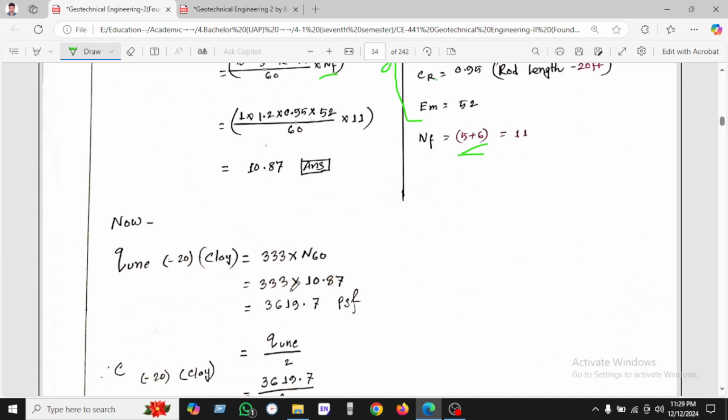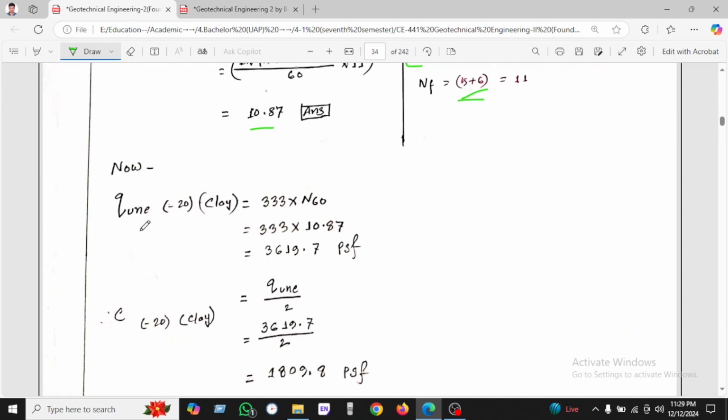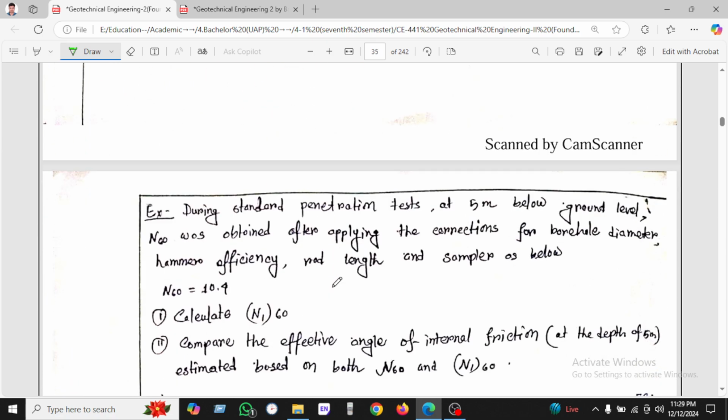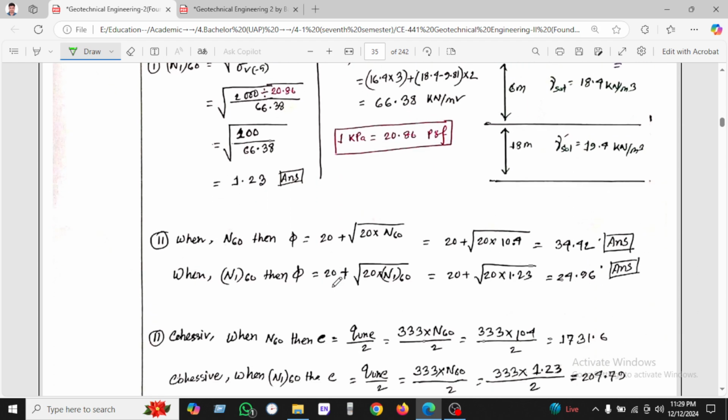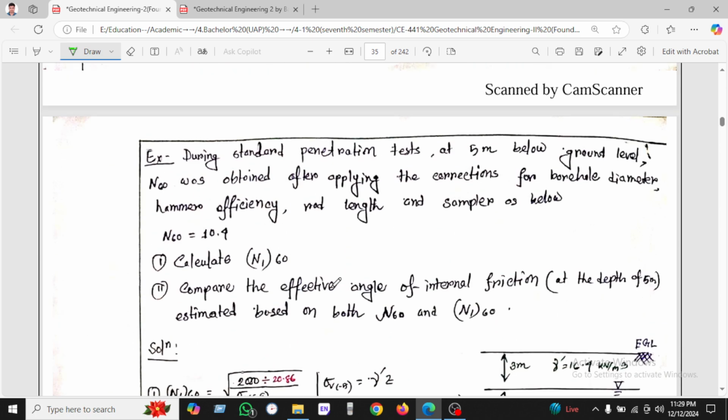That's why we will not consider it. Okay, in this way we found 10.87, and Nu will be 333 into 10.87, and found 3619 psf, and C will be divided by 2, and found 1809.8 psf. Okay, so we can see this is the last example in our lecture.